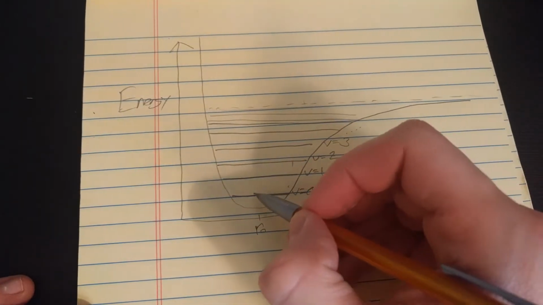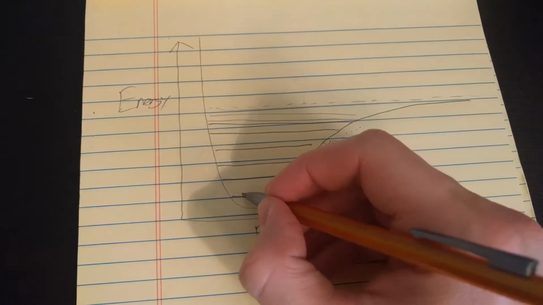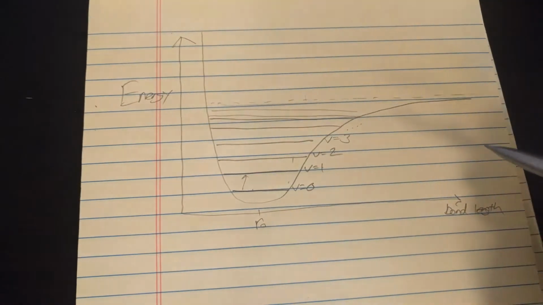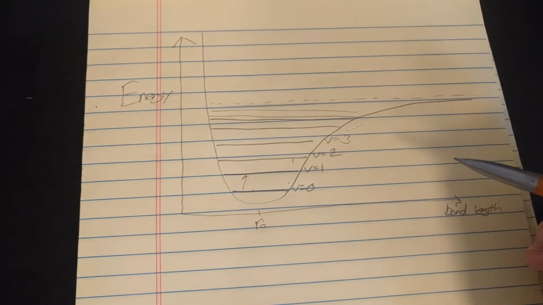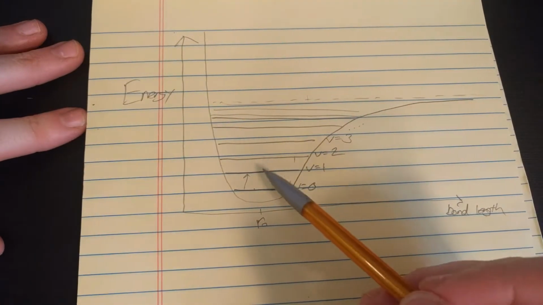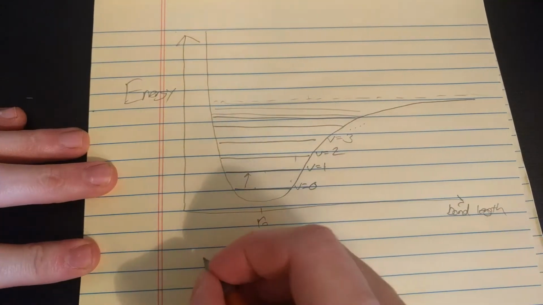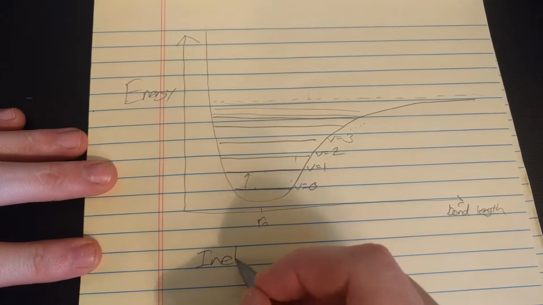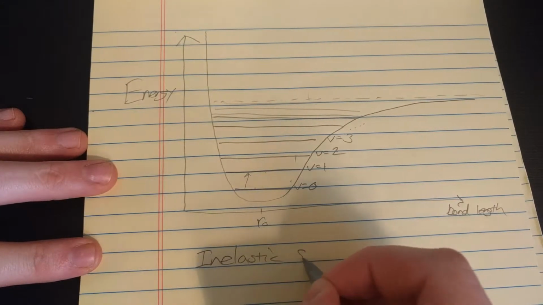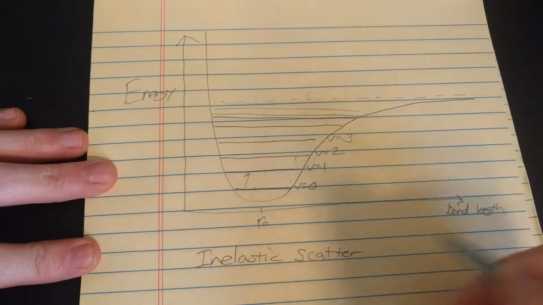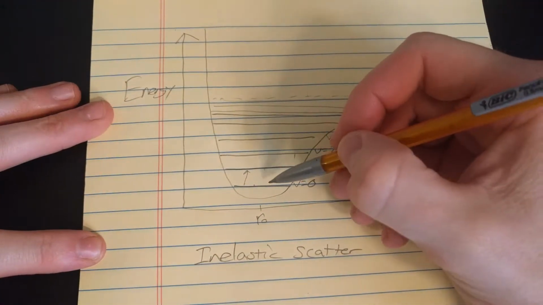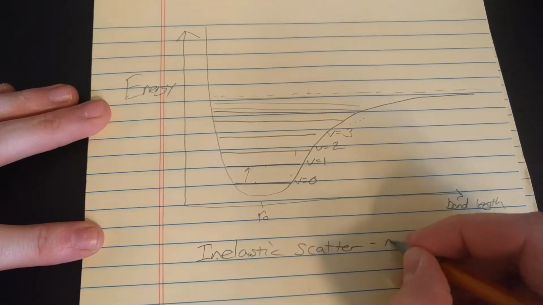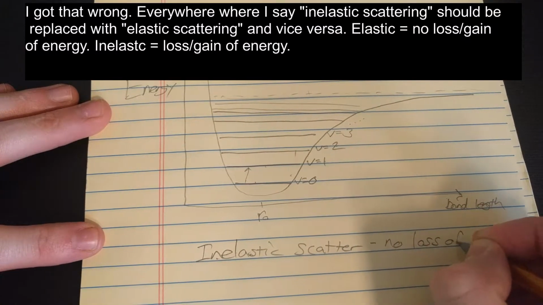Whereas in infrared spectroscopy, we could only go up one level, and the radiation was actually absorbed, when radiation gets scattered, it gets scattered either elastically or inelastically. So elastic scattering would look like this. Elastic means there's no loss of energy.